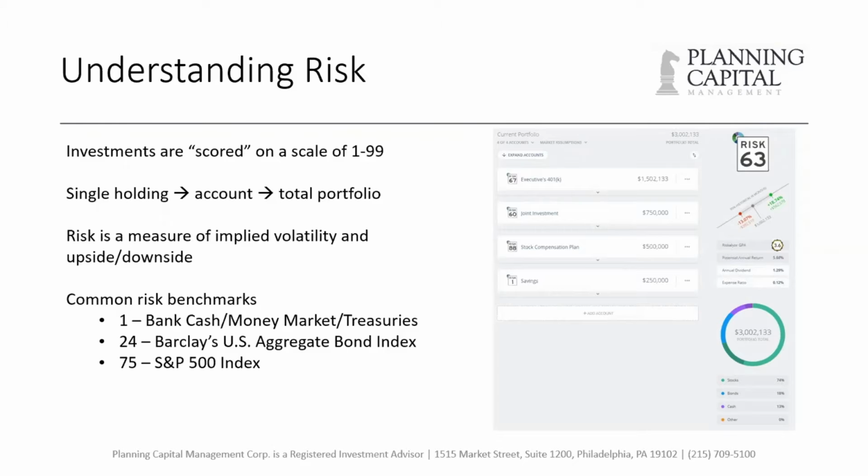One thing to understand with risk, from an investment perspective, is that it is not to be confused with loss. Risk is defined as: if the market is up X, you are up X times 2 or X minus 2.